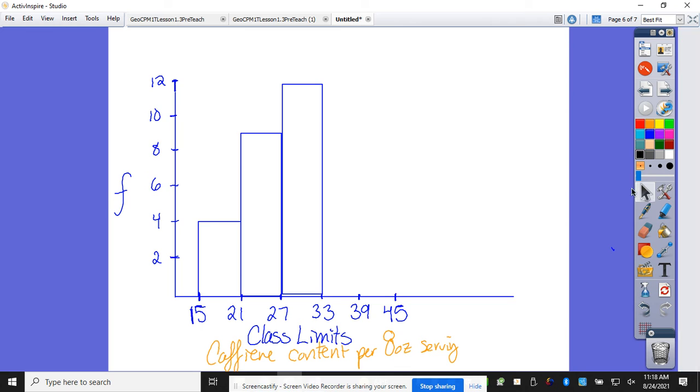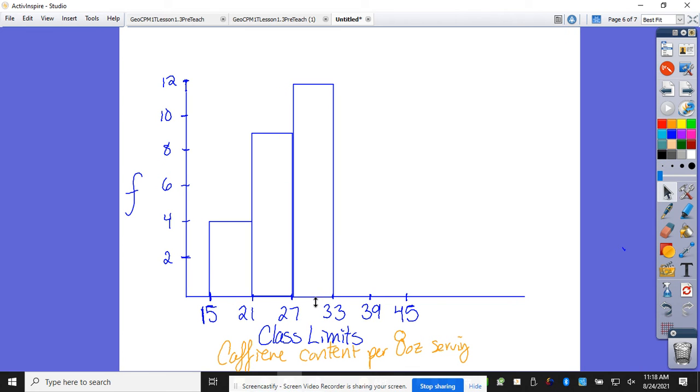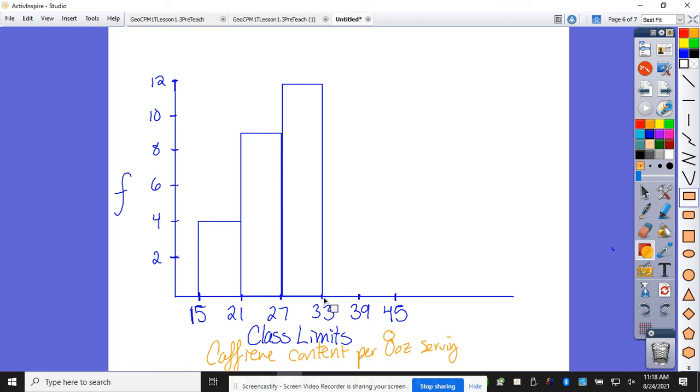Obviously my widths are off a little bit. And then 9. And then what's my next one? 2. Is that right?